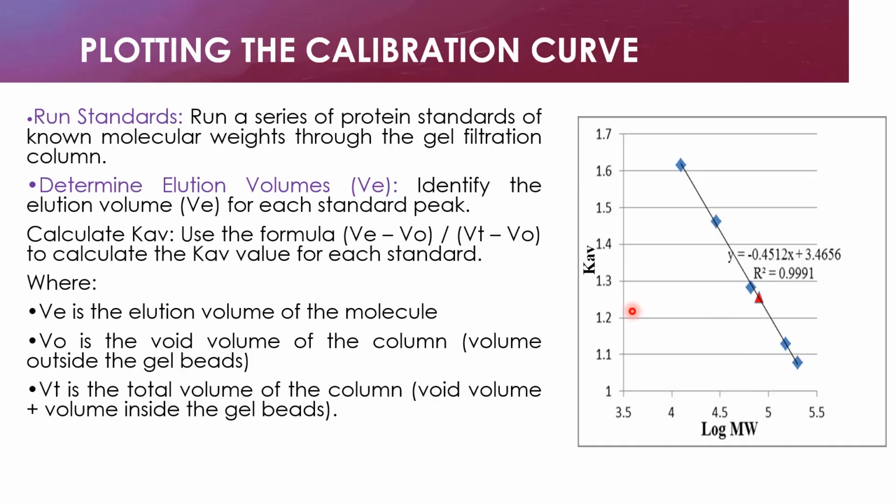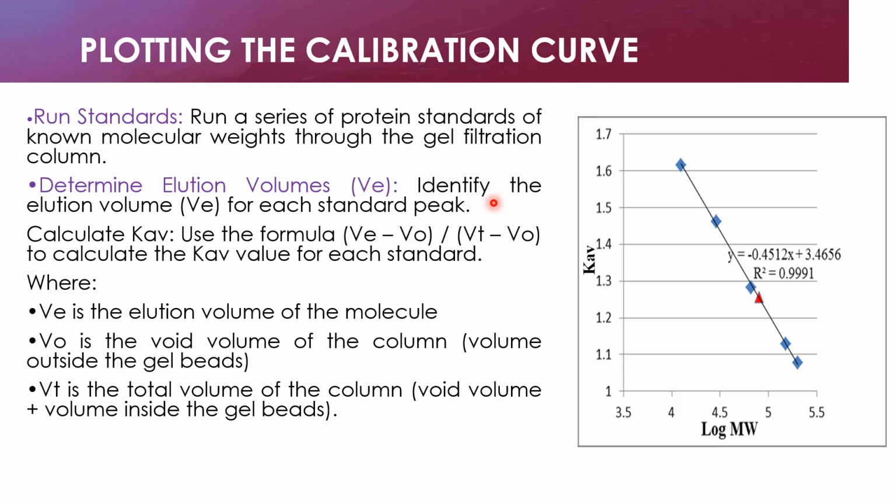So let's see how to plot the gel filtration calibration curve or the gel filtration standard curve. The first thing to do is to run a series of protein standards of known molecular weight through the gel filtration column.